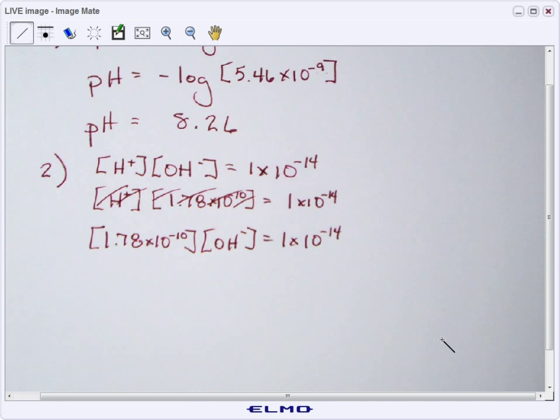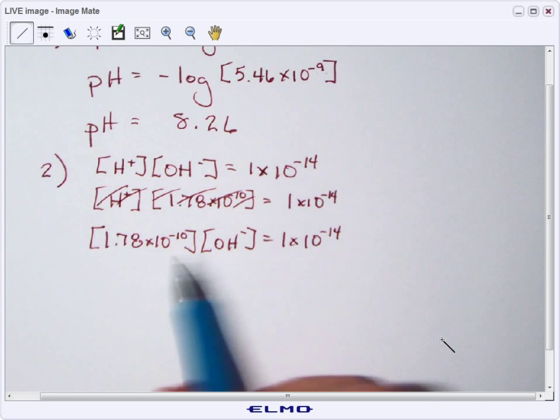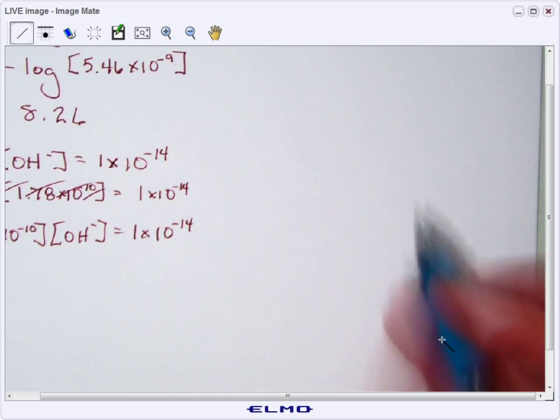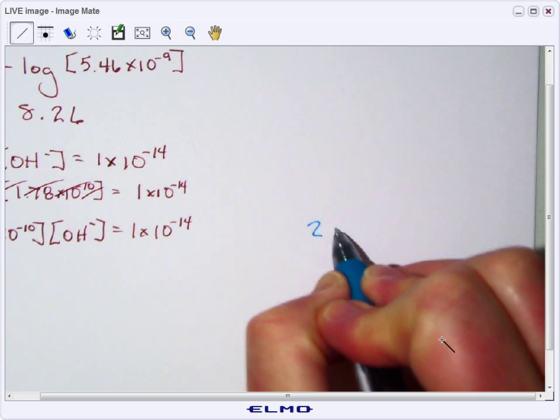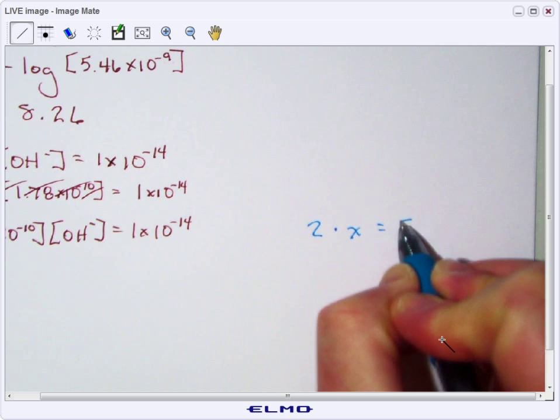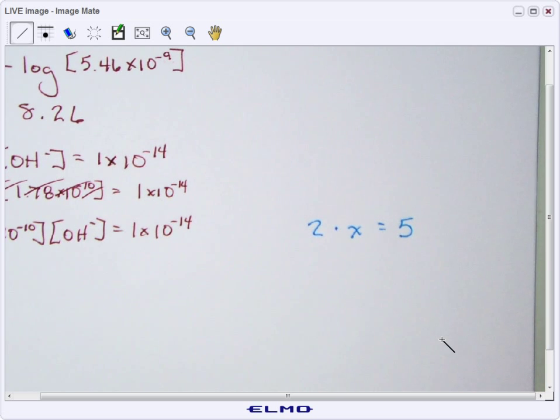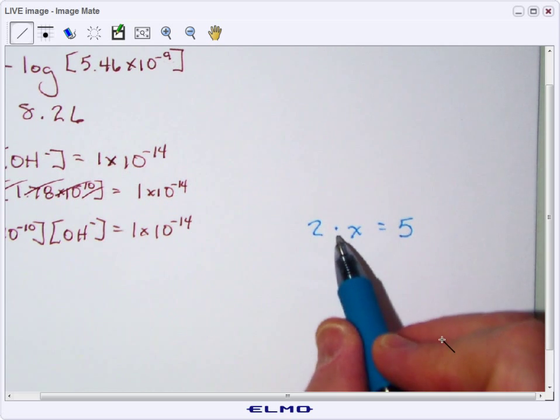Now, for some reason, as soon as we start putting in scientific notation, some of our simple Algebra 1 skills go out the window. So as a quick reminder on how to find OH: if I had 2 times x equals 5, how would I solve for x? We do the opposite operation, right?